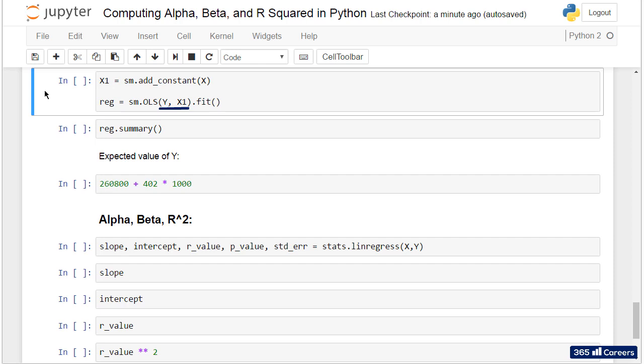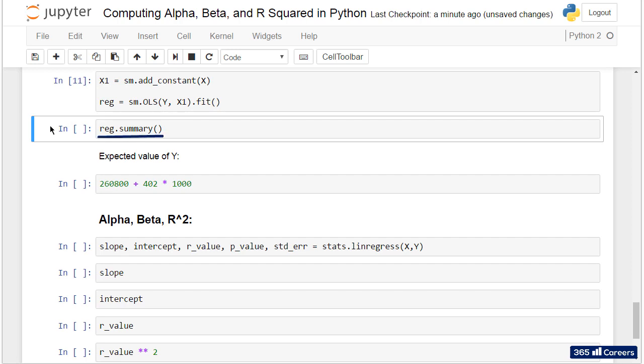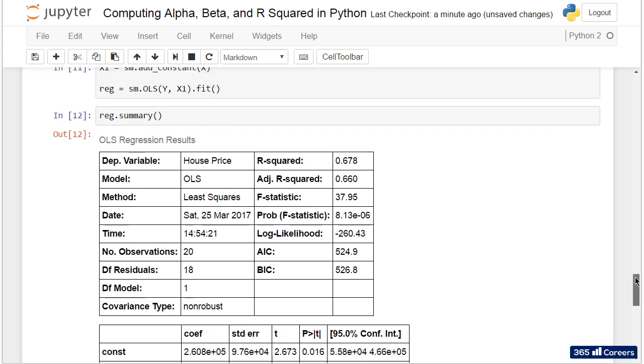And at the end, we will need the fit method, which you can think of as a method that will apply a specific estimation technique to obtain the full fit of the model. Finally, reg.summary will display the OLS regression results and will organize them in 3 tables.